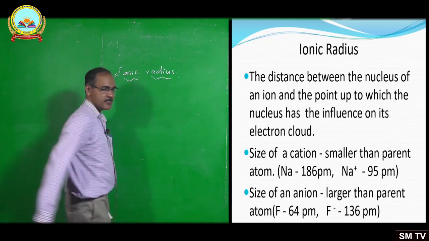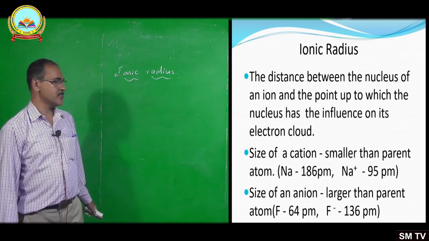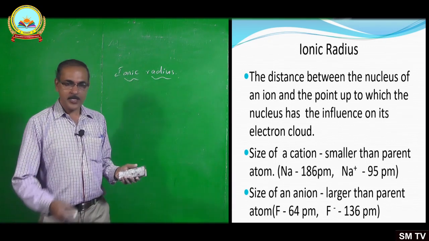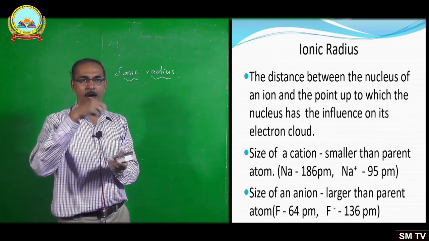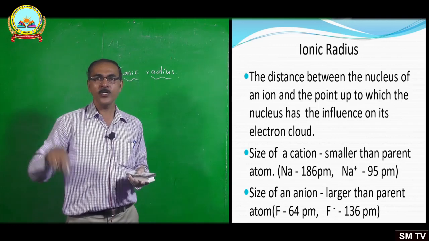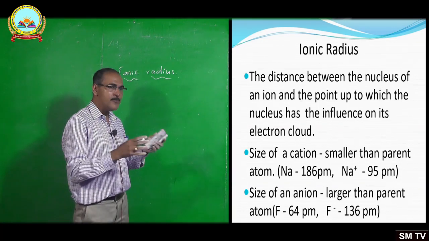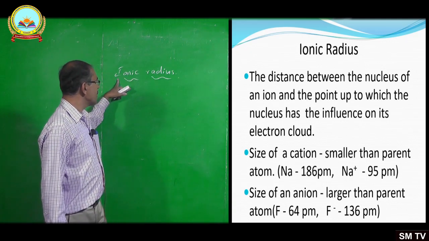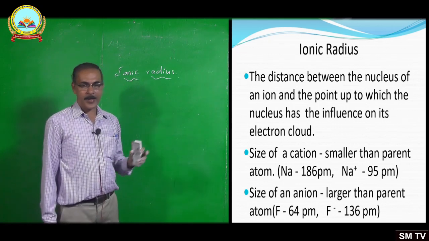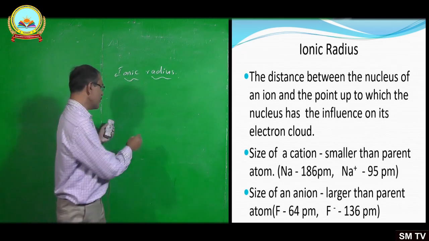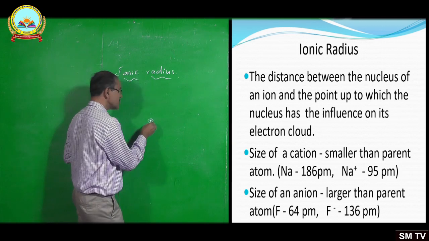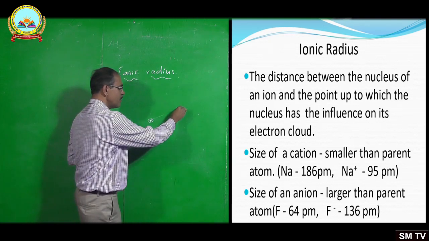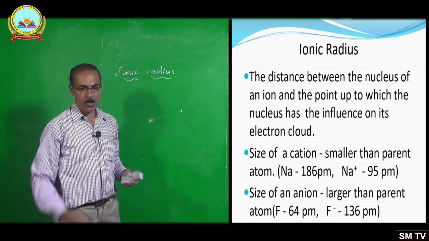Ionic radius. What is ionic radius? Ionic radius is the distance between the nucleus of an ion, a positively charged nucleus, and the point up to which the nuclear charge has the influence on its electron cloud.